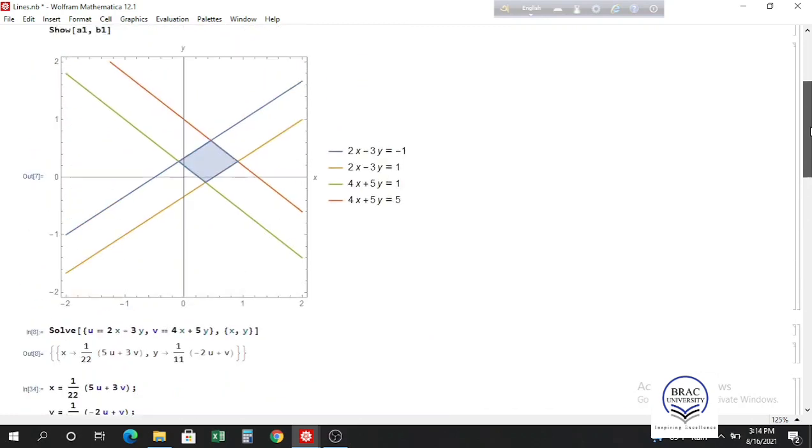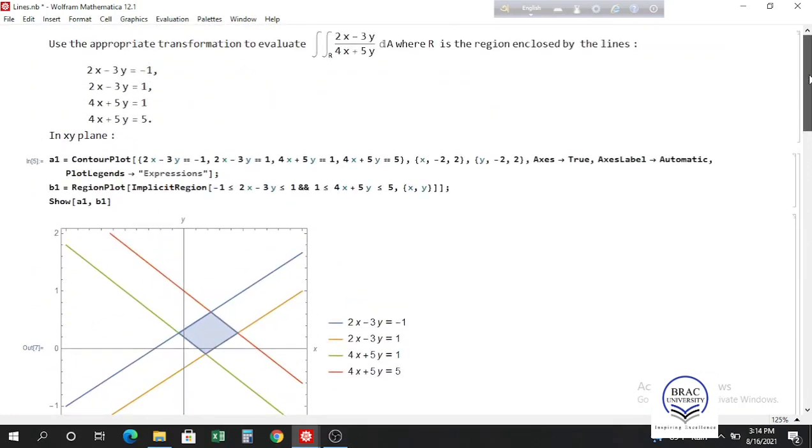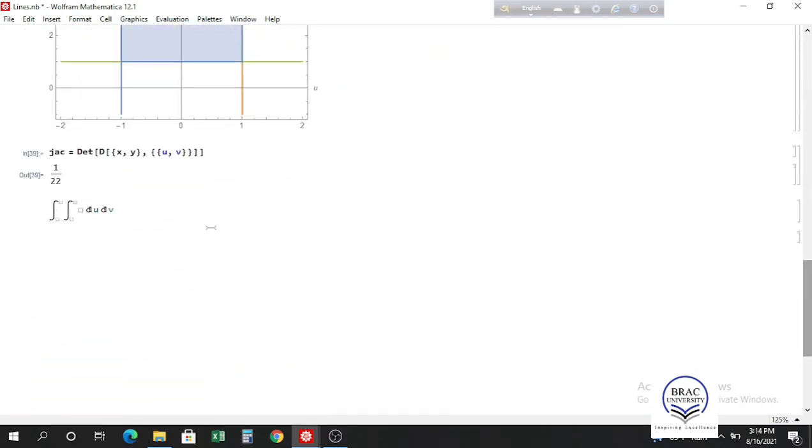And the expression is twice x minus 3y divided by 4x plus 5y. Now we can write u and v here because we are integrating with respect to u and v. But as we have already defined x and y, you can just simply write twice x minus 3y, 4x plus 5y. So Mathematica will substitute the values of x and y here.